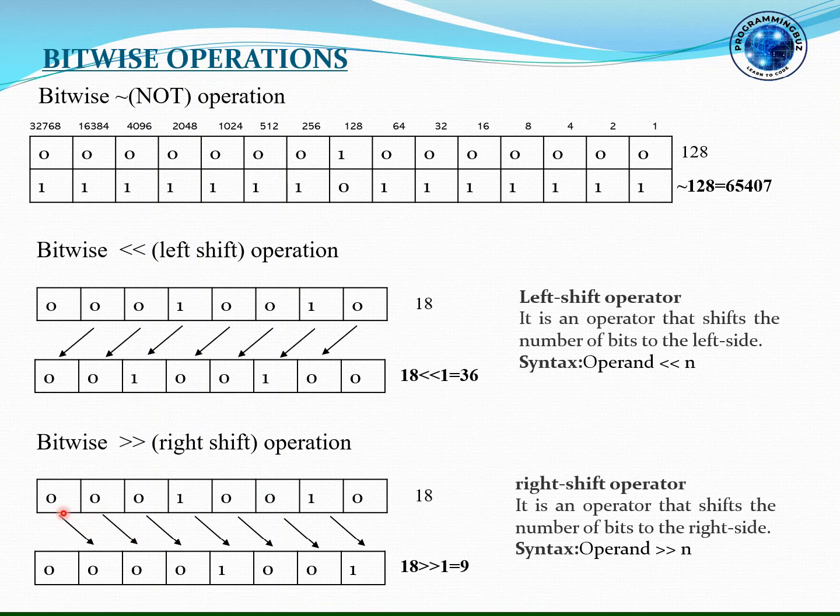Every bit will be shifted right by 1, and lastly a 0 will be added on the left-hand side. Hence this is the result for 18 right shift 1, which is equal to 9. So this is how all the bitwise operations are done in C language.